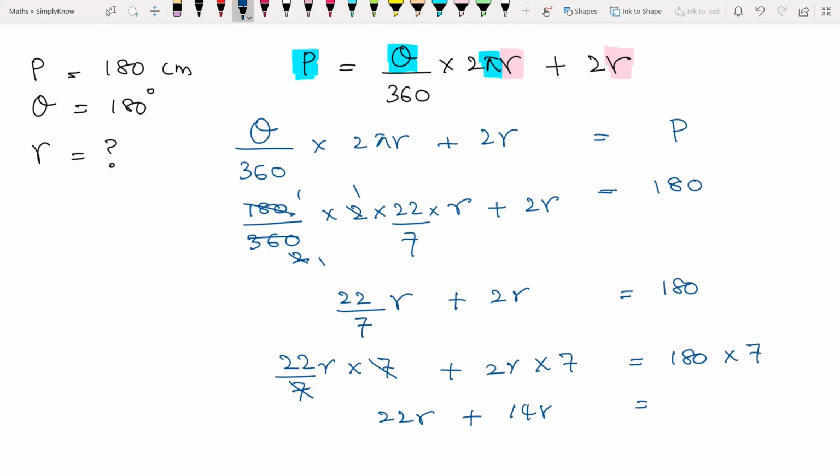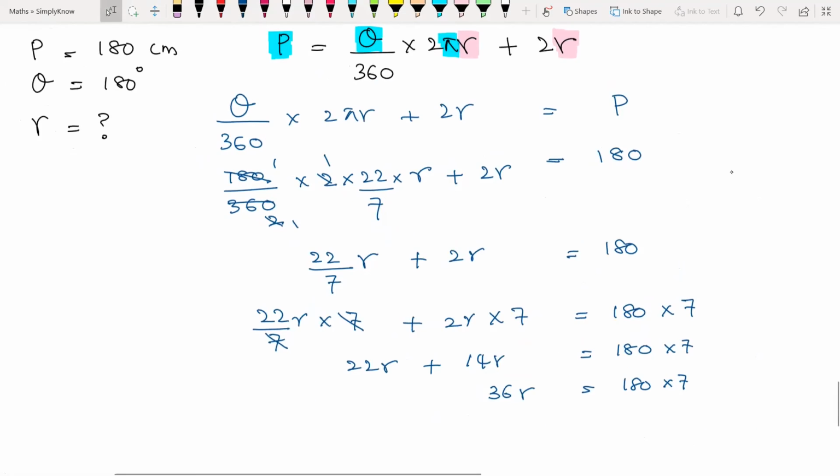I write it as it is because I can nicely simplify this using cross simplification. So 22r plus 14r is 36r equals 180 times 7.